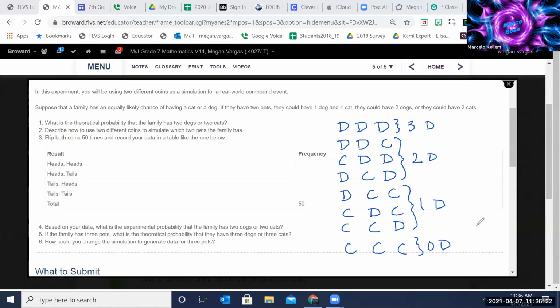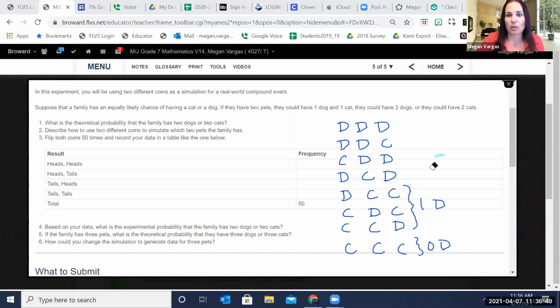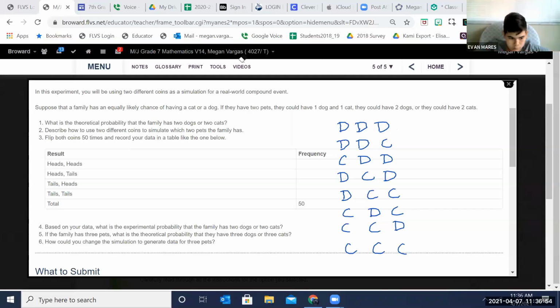For some of you who answered this question incorrectly the first time around, my advice was maybe write out the sample space, which is what I just did here. Because if you write out the sample space, you can see how many outcomes there are total, and then how many are either 3 dogs or 3 cats. So if I add them all together and I want to know how many total outcomes I've got, let's just count them. I've got 1, 2, 3, 4, 5, 6, 7, 8.